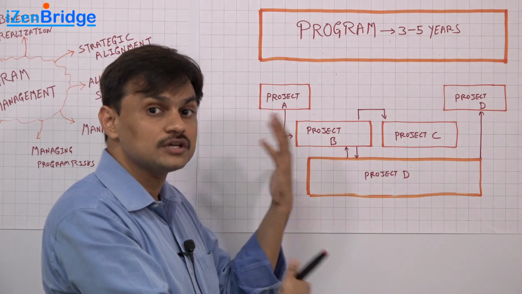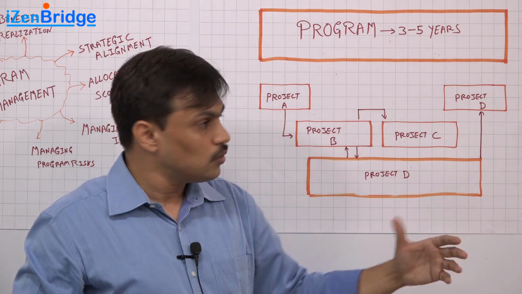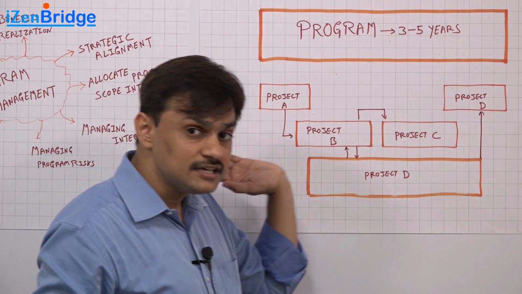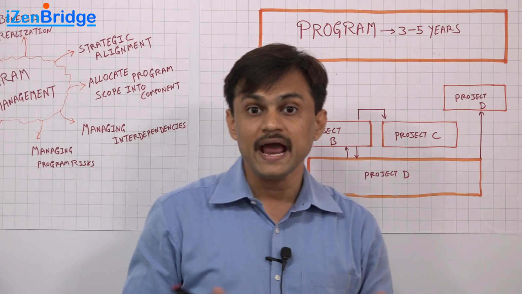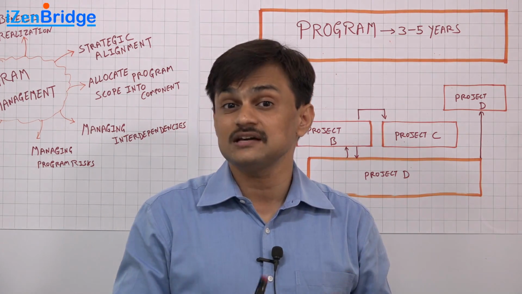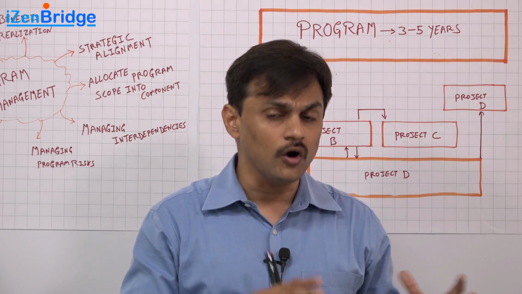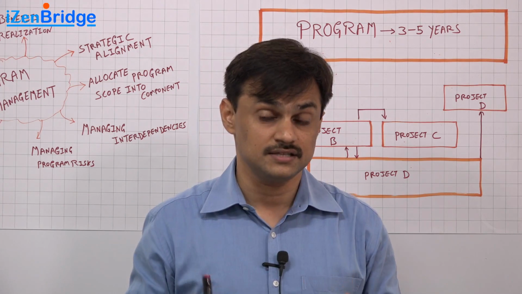It may start serving the customer, but my program goal may run for long. So this is how we can visualize the difference between program and project. In some cases, you end up running a complex big project which could have been run as a program also. It all depends on how the organization is structured and how the management is involved.